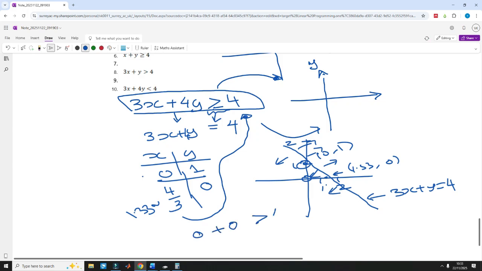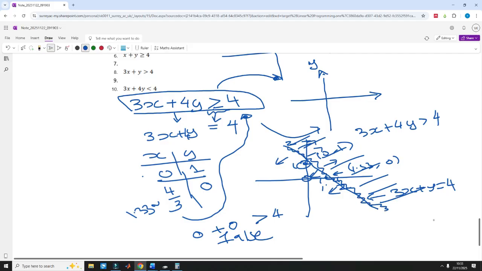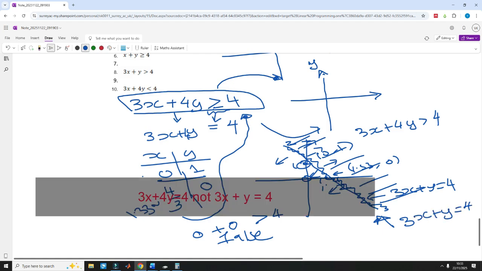Is this greater than 4? This is false, isn't it? Which means the points above this line should correspond to 3x plus 4y greater than or equal to 4, and the line itself is equal to the equation of the straight line, 3x plus 4y equals 4.